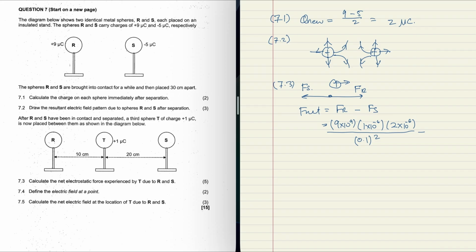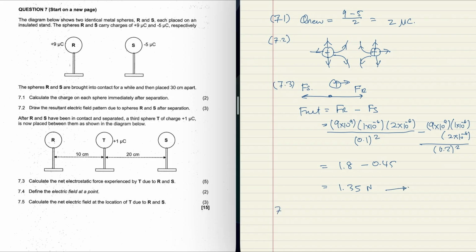And then for the other one, it's going to be 9 times 10 to the 9, then 1 times 10 to the negative 6, then 2 times 10 to the negative 6, divided by 0.2 squared. That's going to give us 1.8 minus 0.45, which is equal to 1.35 newtons. Since it's positive, it's to the right.